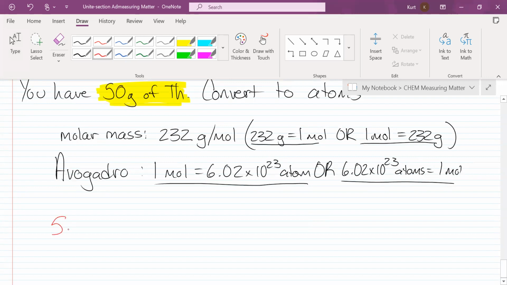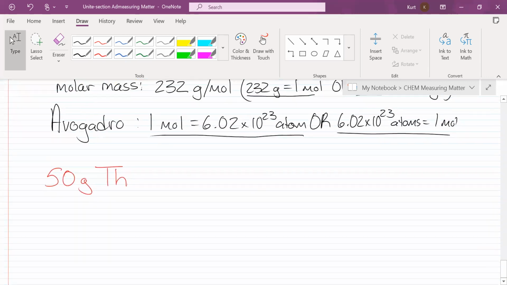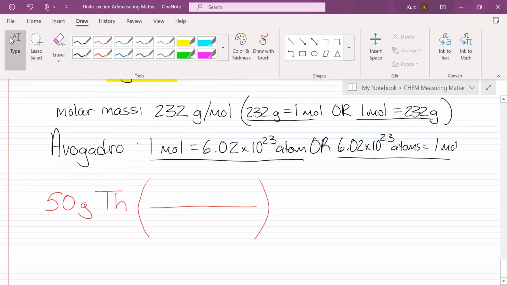Thorium. 50 grams of thorium is correct. Now, this is where we're going to lay down some new neural pathways, which basically means you're going to start thinking. Which conversion should you implement first? The molar mass conversion from moles to grams and grams to moles, or the Avogadro's number conversion, which is atoms to moles or moles to atoms? Which one would be appropriate to use first, Carson? Okay, you are correct.